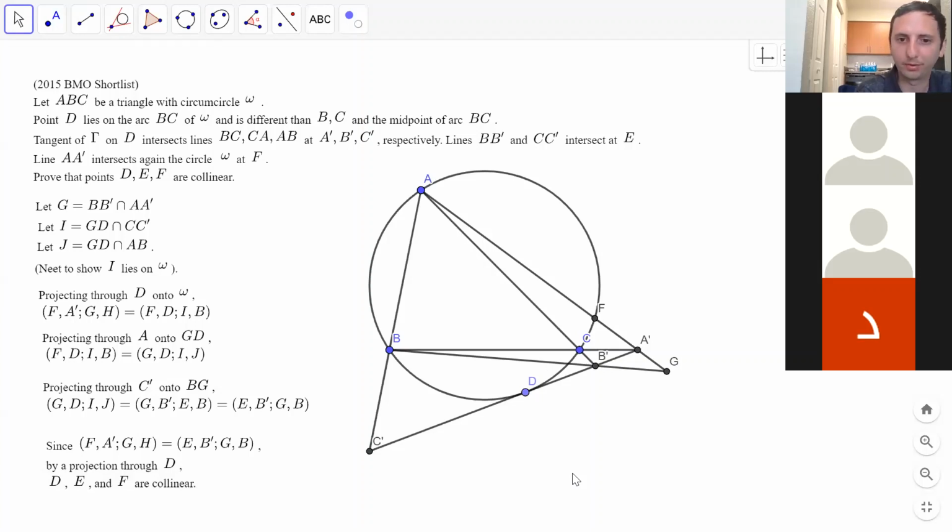Maybe I just went in a loop and it's just as hard as it was originally. I don't know. Could be. Is that true somehow by Pascal's, that GD and CC prime meet on the circle?